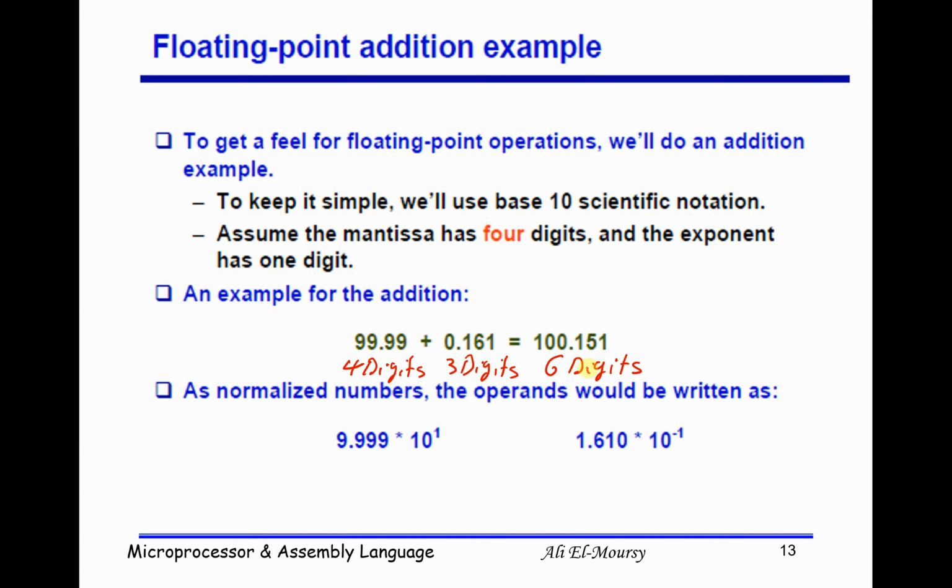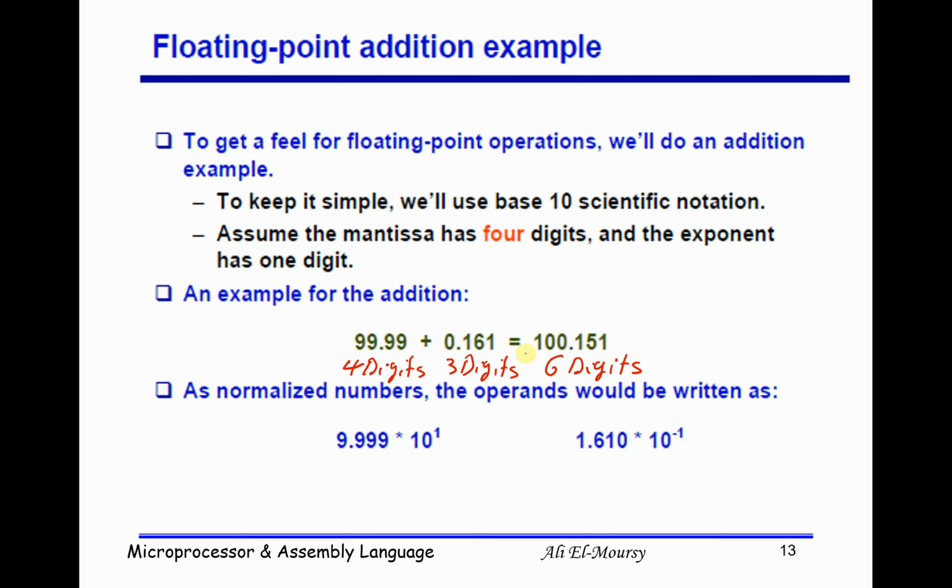How can I store the result in 6 digits? This is impossible in the storage given that I have only 4 digits. Definitely I need to compromise, so I have to sacrifice some of the accuracy of the result and do what's called rounding, as we will see.